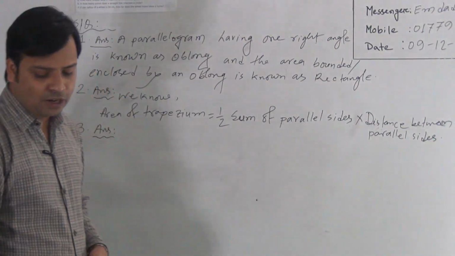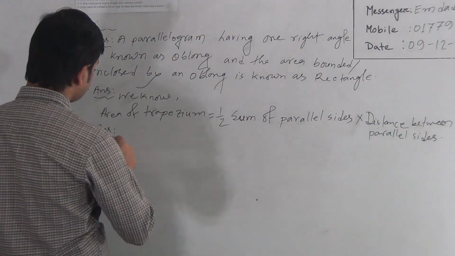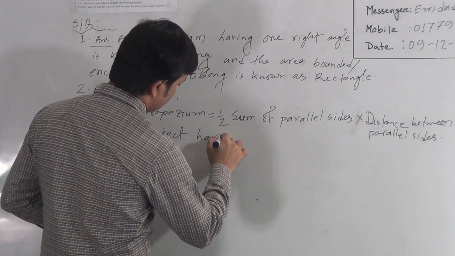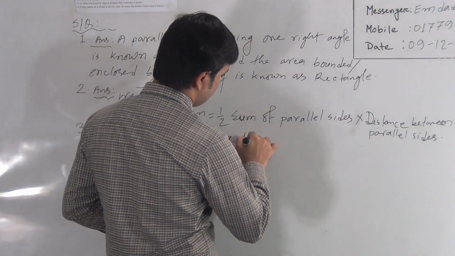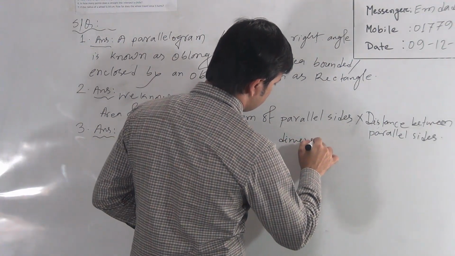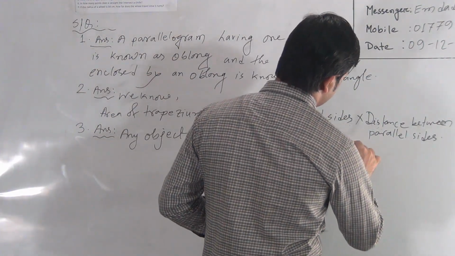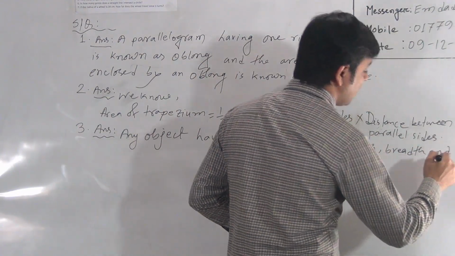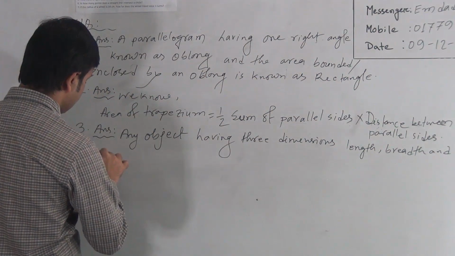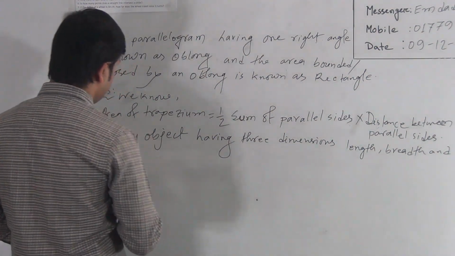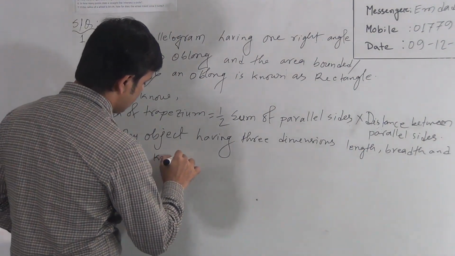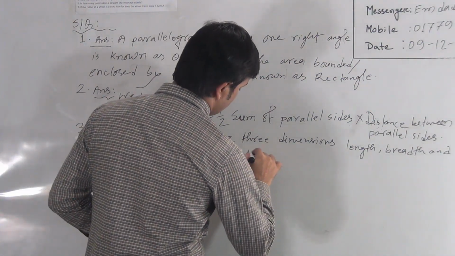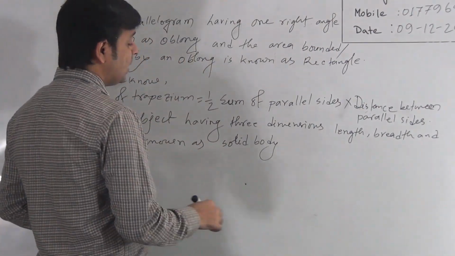So we can write here, any object having 3 dimensions, length, breadth and height, is known as solid body.